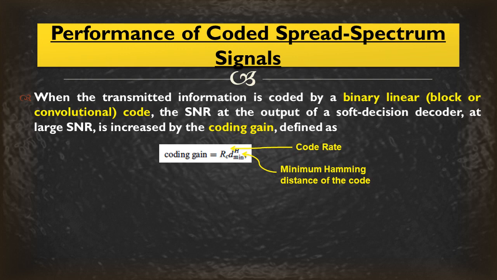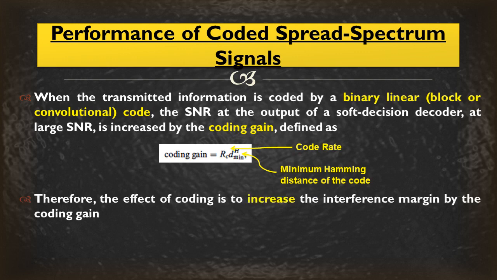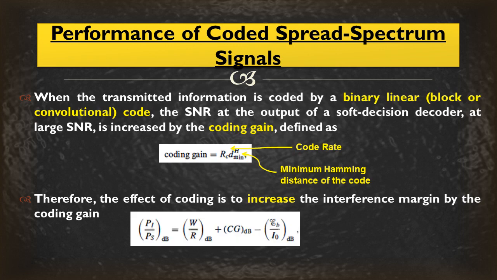Now, this coding gain is going to improve the performance of the spread spectrum technique. It is going to increase the value. That means the effect of coding is to increase the interference margin by a coding gain. Since it is increasing, it has to be added with the terms. So I have modified the equation here: Pi by Ps is given by W by R plus coding gain, CG is the coding gain here, minus Eb by I naught. In the previous equation I have included an additional term with a plus symbol because it is going to increase.